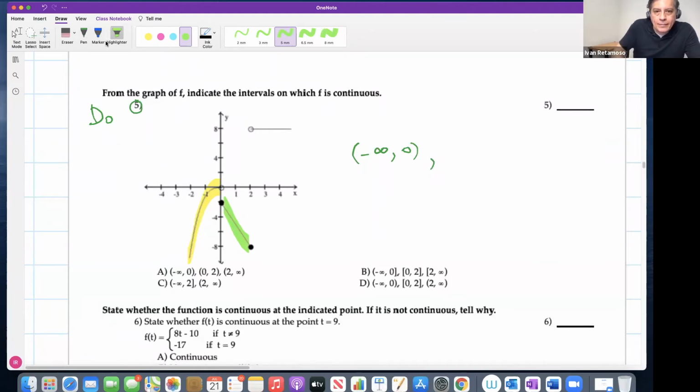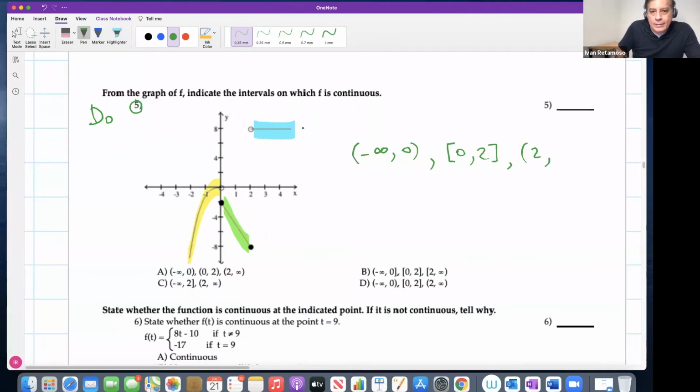Notice now that the 0 is closed with a solid circle. That's why I'm using brackets. Up to 2, brackets. Okay? And finally, there's a jump here, but then another connected component here, this blue piece. This happens from 2, not touching 2, hollow circle.